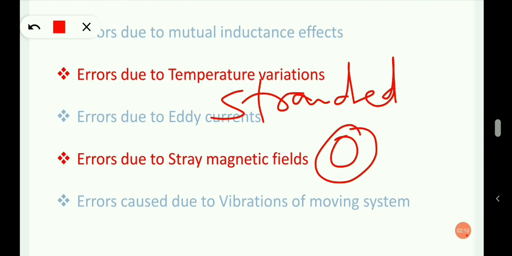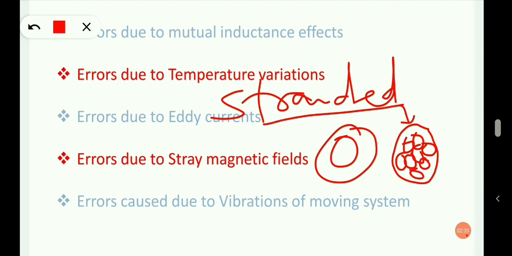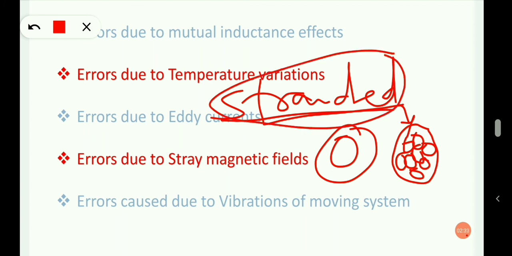But in case of stranded conductor, there are a number of conductors and there is insulation covering all those conductors. It is called a stranded conductor. So these stranded conductors are used to reduce the eddy current produced in the coil.